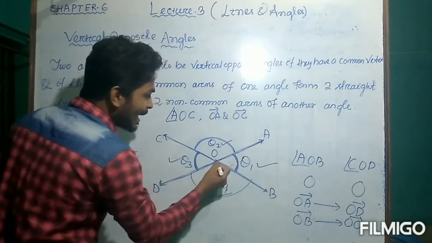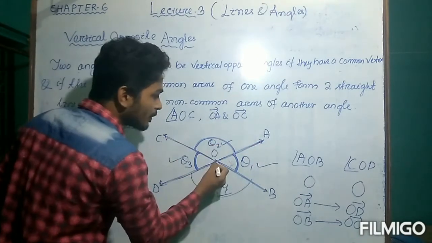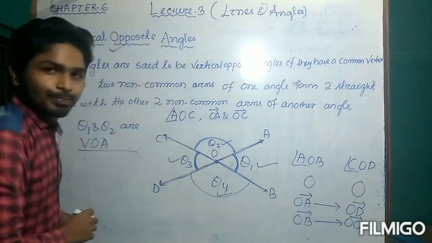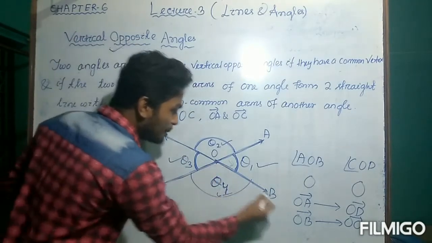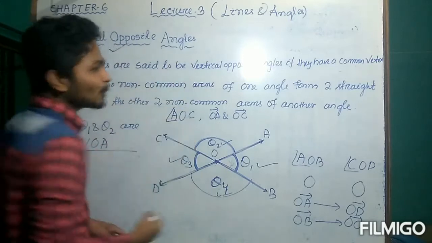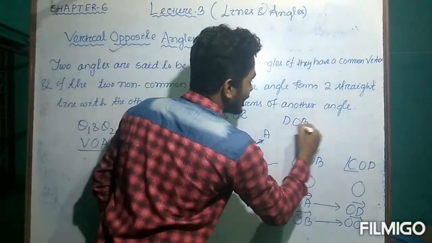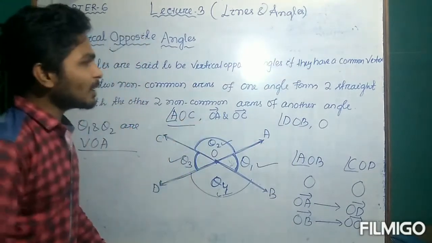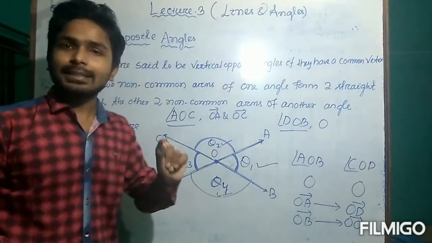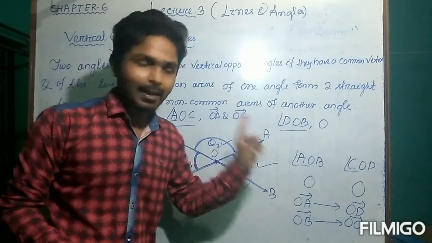For the angle AOC, or you can say theta 2, the vertex is O. Similarly, for the angle theta 4, DOB, the vertex is also O. So both angles AOC and DOB have a common vertex. The first condition is satisfied, right?